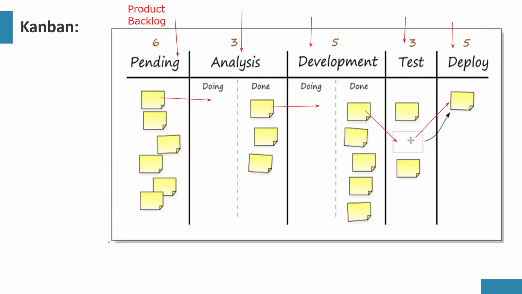So you can see this pulls this, pulls this, pulls that. That is how Kanban works, right? If the work is not finished, don't be in a hurry to pull more work. Finish that work, then pull another work, pull another work.